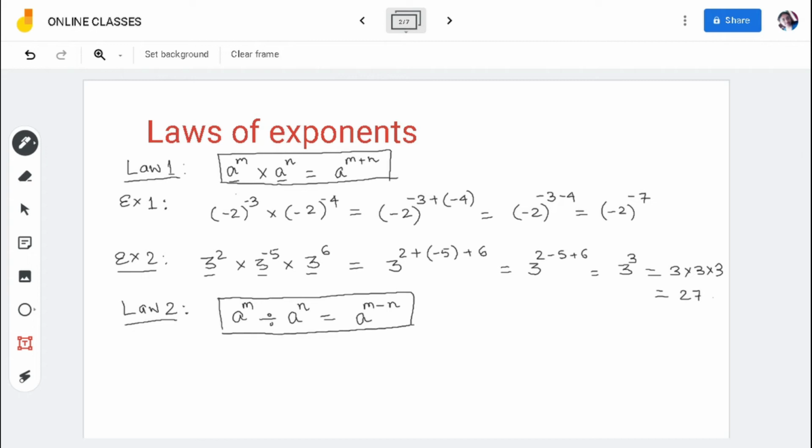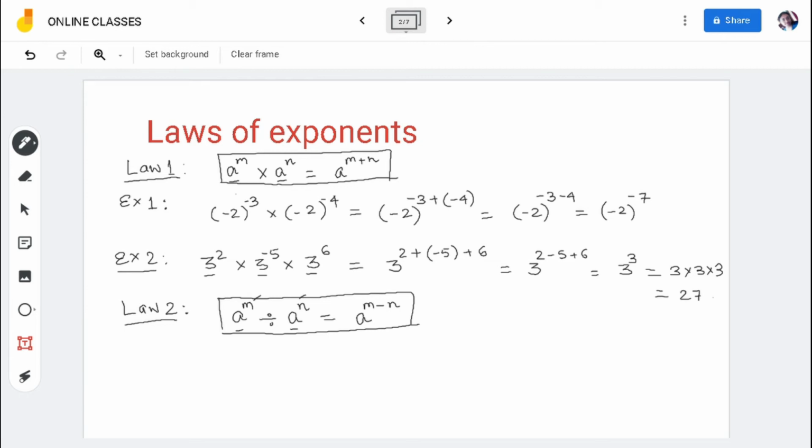How? The difference is only that here we have the multiplication sign, but here in law number 2, there is a division sign in between. And whenever there is a division sign with the exponents with the same base, but different powers, then at that time the base will be as it is, a, and the powers will get subtracted. So it will be m minus n.